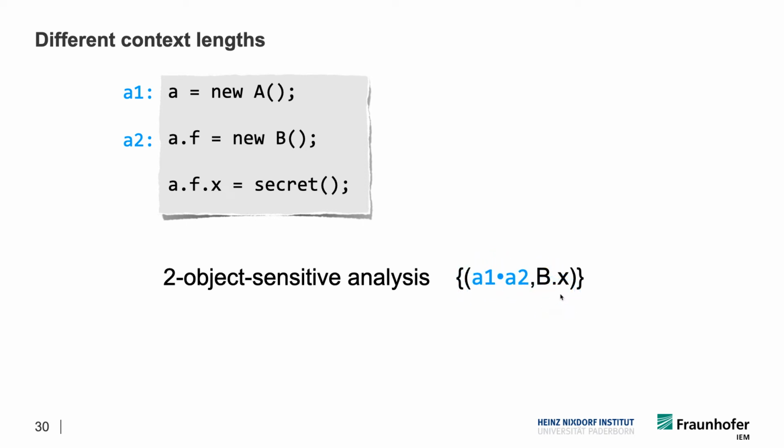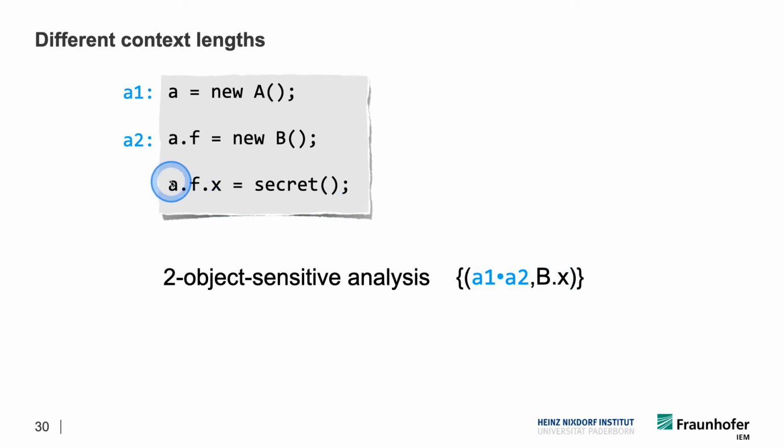A different way of going about this would be to simply track the access path itself. So not using this representation, but rather tracking a.f.x, which is an access path based analysis. That's also done by many current analyses, and that implicitly can give you similar information.